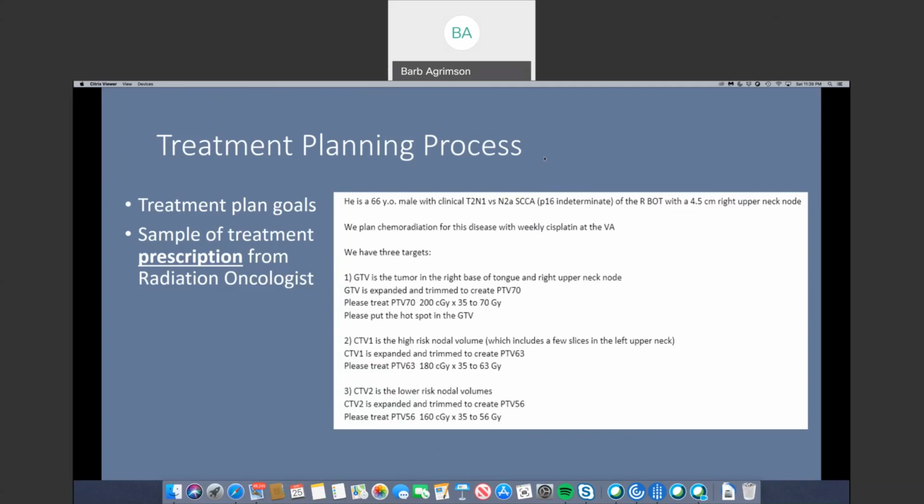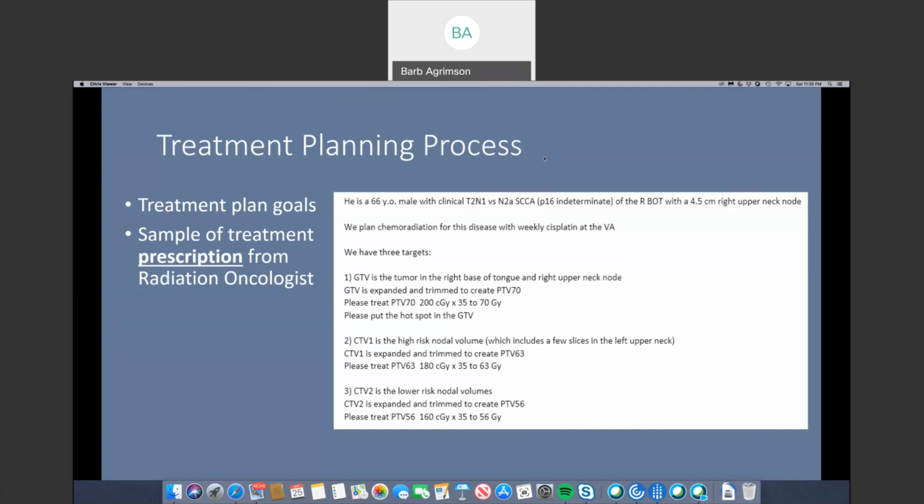So in this case, and it's very common, there are different dose target levels that we're going to be trying to cover within that volume. In this particular case, the high dose region is going to go to 70 gray. There's going to be a mid-range of the high risk nodal volume that'll get a dose of 63 gray, and then the lower risk nodal volume will get 56 gray.